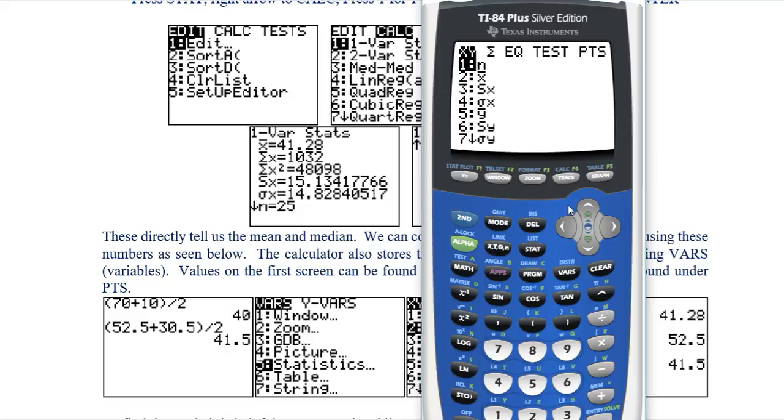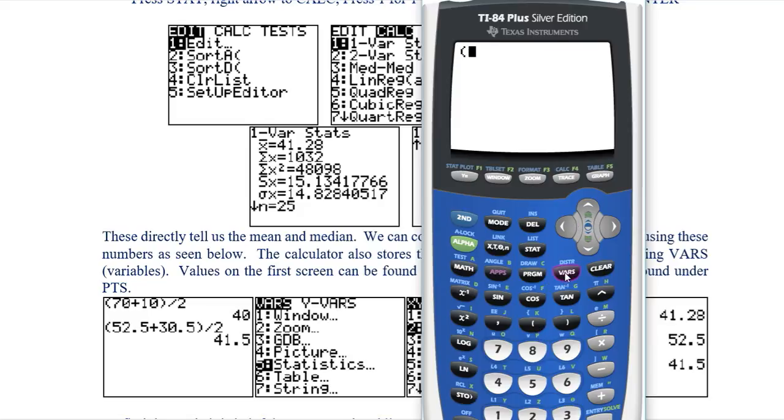So you go down to 5, and notice you can see different statistics there, some different other ones here. Under points, you'll see Q3 and Q1. So you could say, for example, Q1 plus, really I should put parentheses first, shouldn't I? So let's start with that.